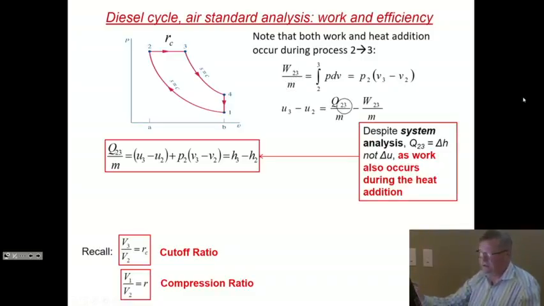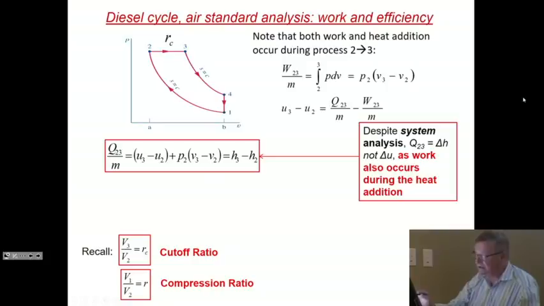So we rearrange: Q23 is U3 minus U2 plus W23. The W23 we like that. And we have Q23 over m is U3 minus U2 plus P2 times (V3 minus V2).